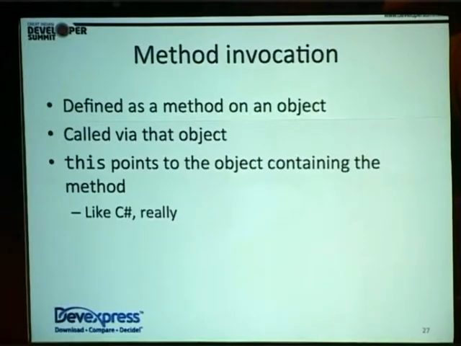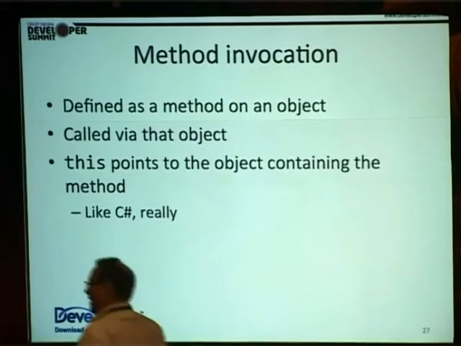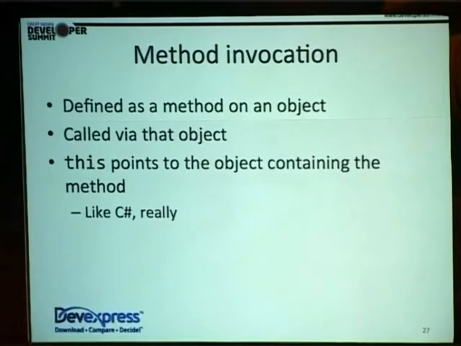So method invocation is you define a function on an object, and you call it via that object. And what happens here is the thing you really like, and that is this points to the object containing the method, which is great.